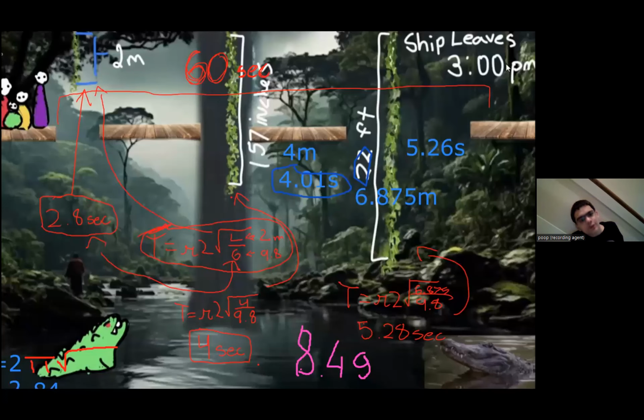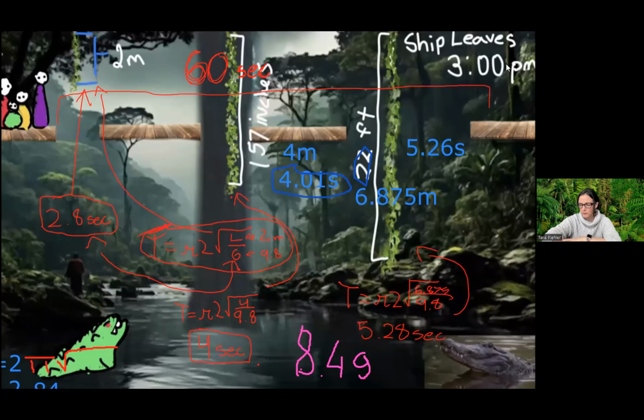It will take us 60.8 seconds to cross the whole thing. How did you figure that out? We figured out the period of each of the vines, then I just did the period of the vines times 5 people for each one, and then added the answers up to get 60.8.